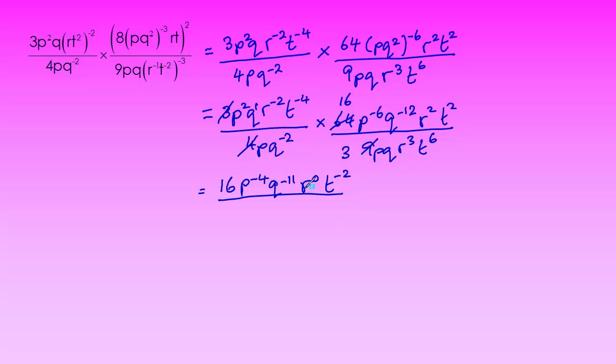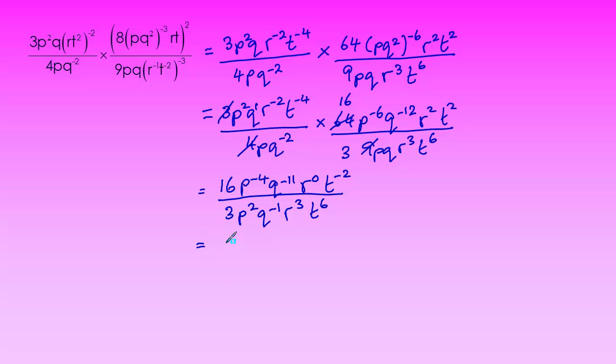On the bottom we have a 3. P times p is just p squared. Q to the negative 2 times q is q to the negative 1. And then we've got r cubed and t to the 6.